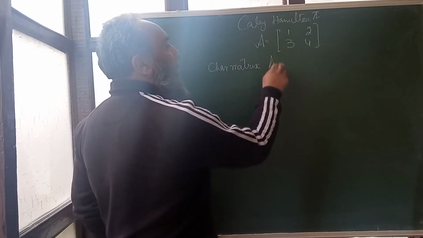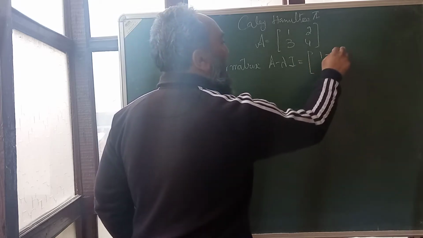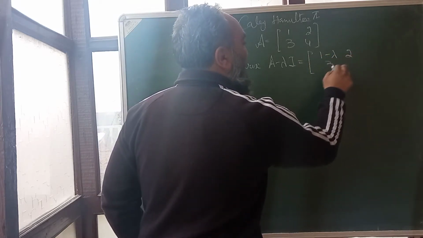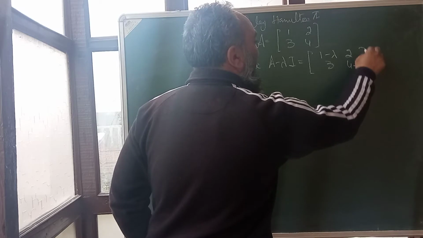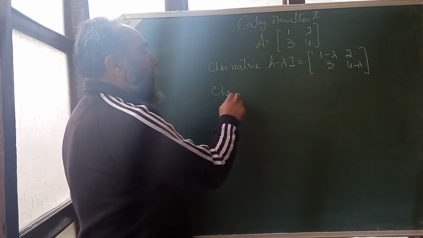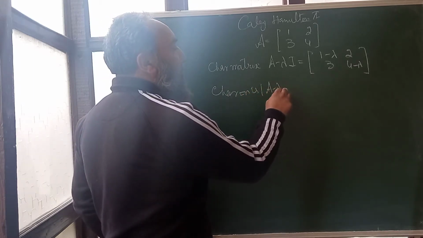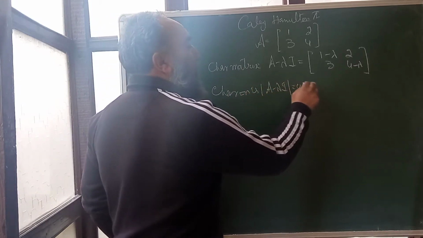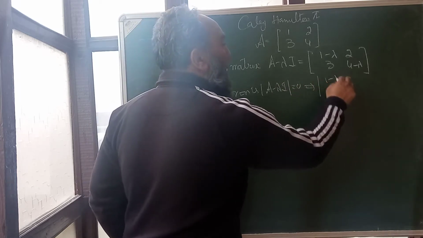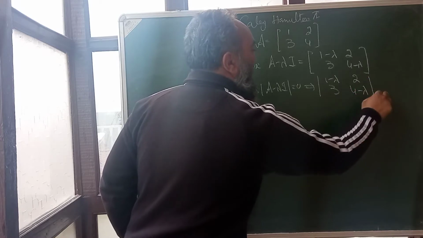of A is given by A minus lambda I, which is nothing but [1 minus lambda, 2; 3, 4 minus lambda]. And the characteristic equation is determinant of A minus lambda I equal to 0, which means determinant of [1 minus lambda, 2; 3, 4 minus lambda] equal to 0.